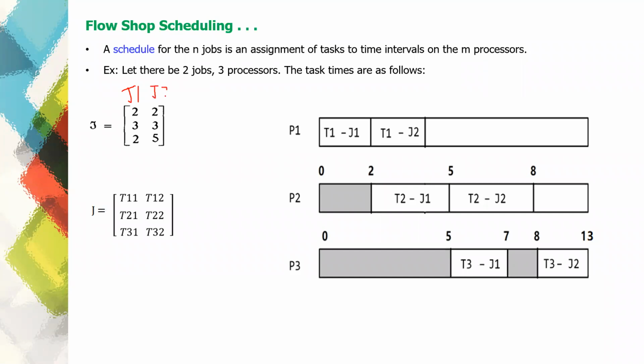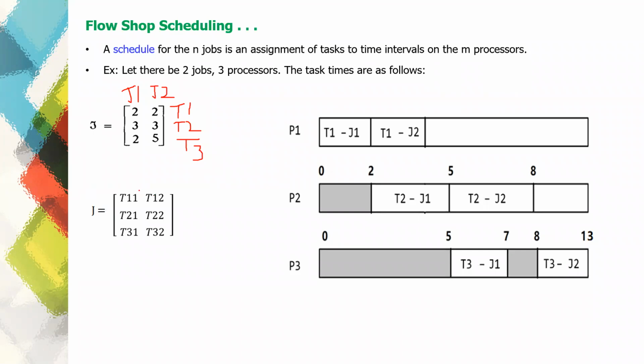Columns are the jobs, rows are the tasks. This is how you'll have to interpret the given matrix. Columns are jobs, rows are tasks.